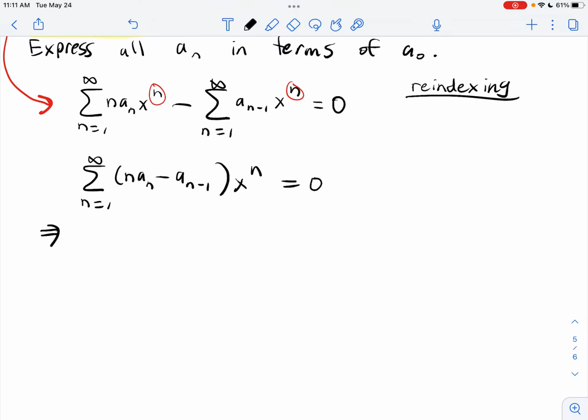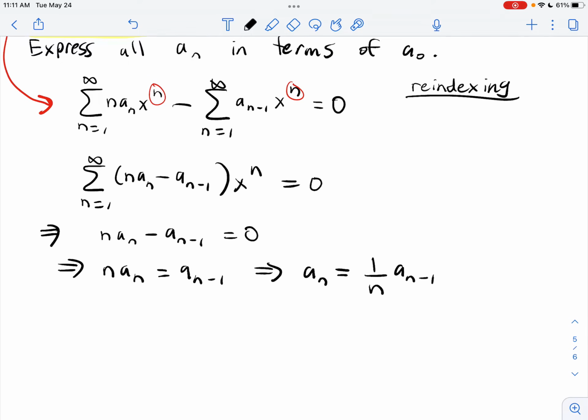This gives us n a_n minus a_{n-1} is equal to 0, which means that n a_n is equal to a_{n-1}, which is the same as saying that a_n is equal to 1 over n times a_{n-1}.